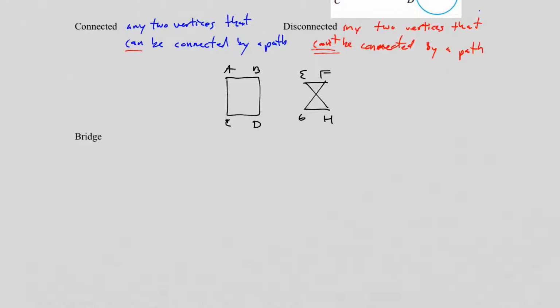According to this, nope, there's no path. So this is definitely a disconnected graph. But all I have to do is create what's called a bridge. And now the two neighborhoods are connected. That means you can take that path and get from one neighborhood to the next.